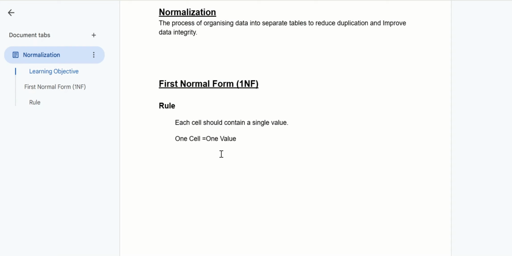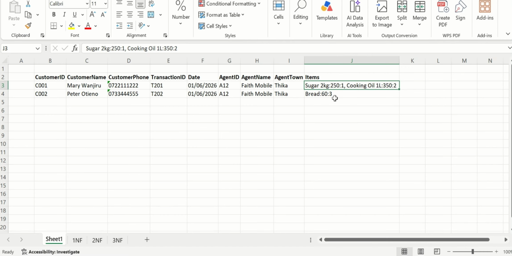The rule of the first normal form states that each and every cell should contain a single value. So we need to put these combined things into their respective cells.